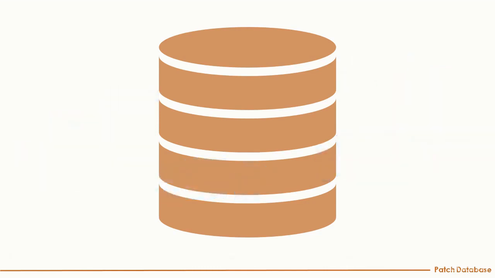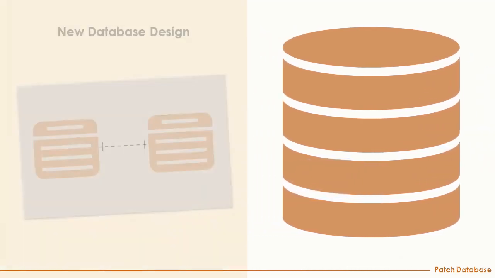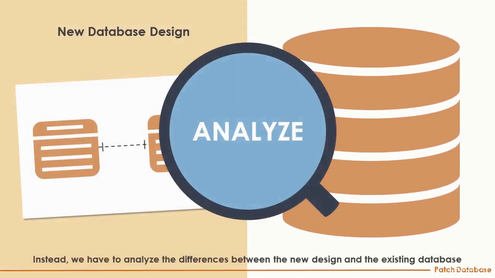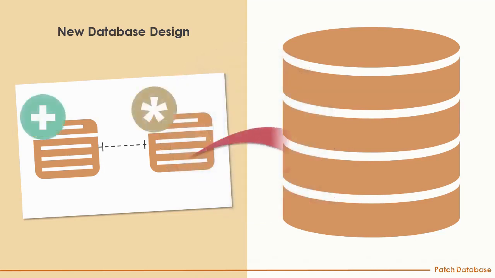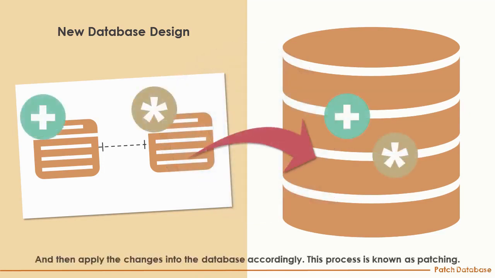What you need to do is analyze the differences between the existing version, the production database, and your new version, the new database design, and then apply the differences to the production database. We call this process patching the database.